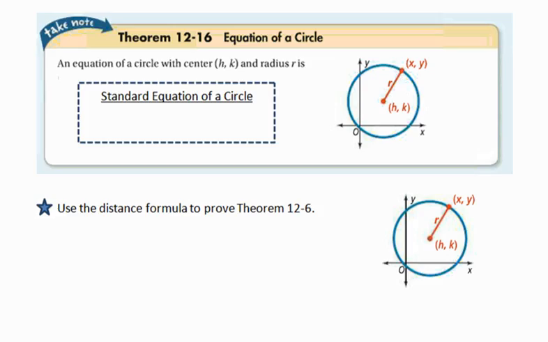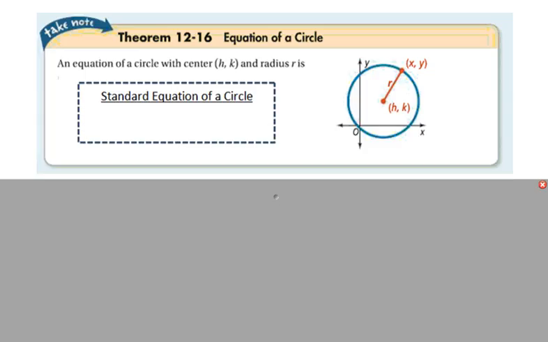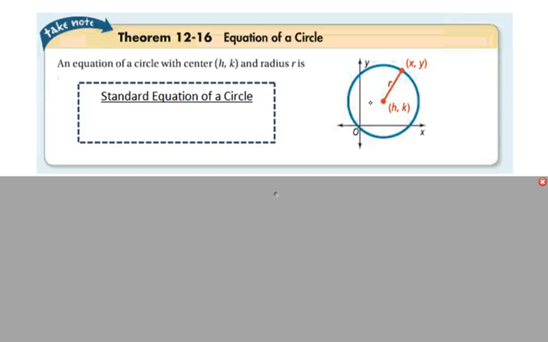We're going to start off with Theorem 12.16. I can't believe we've had that many theorems already. It's the standard equation of a circle. Look over to the right. There's your circle. We have our center, which we're going to call (h, k), the letters representing the x and y of the center of our circle. r is our radius, and (x, y) would be any point on the circle.